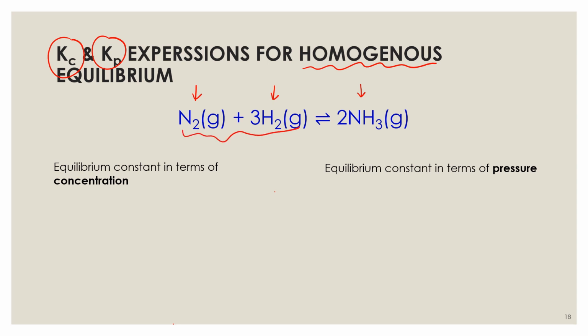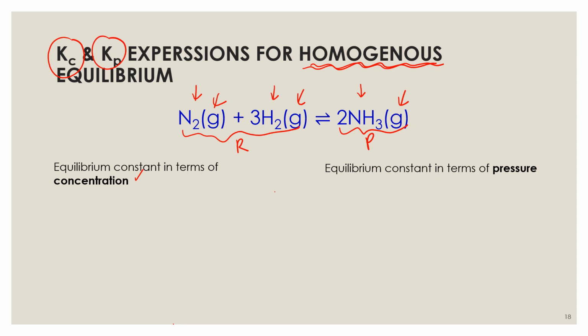So these two are reactants and ammonia will be the product. Since all reactants and product are in the same phase, that is gas form, this is an example of homogeneous equilibrium. From this balanced chemical equation, we can write the equilibrium constant in terms of concentration.